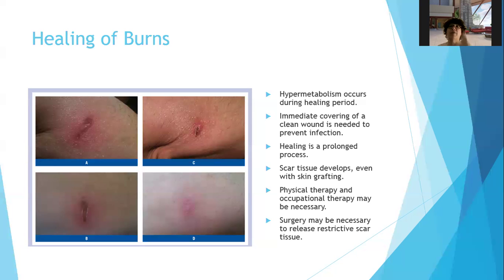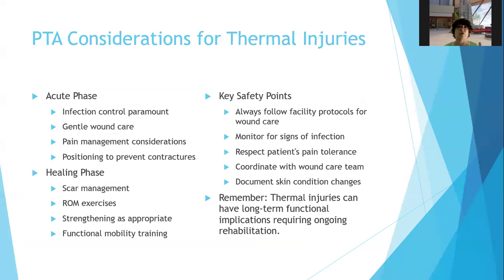You need to cover a clean wound to prevent infection. Healing can be a prolonged process with burns. Scar tissue develops even with skin grafting, and sometimes people, if they have really extensive burns, don't have enough skin to graft from other areas. Physical therapy and occupational therapy are often necessary, and surgery may be necessary to release restrictive scar tissue.